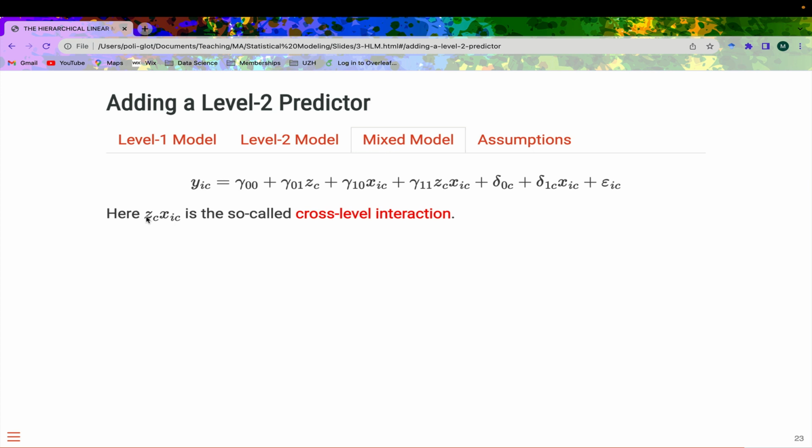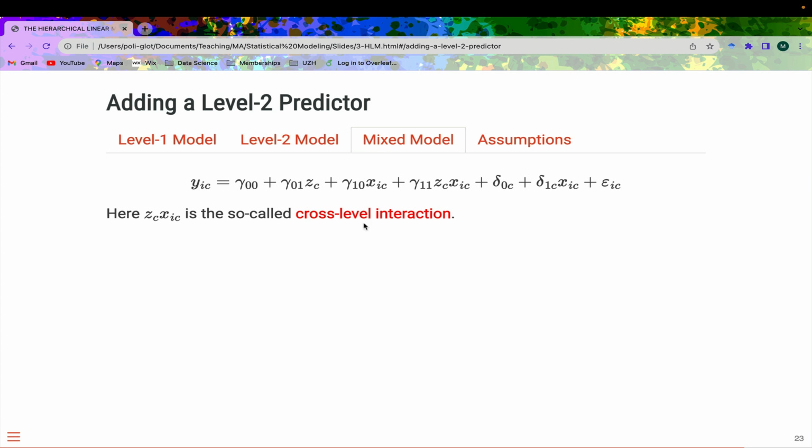These cross-level interactions add so much potential to these hierarchical linear models because now we really can start mixing explanations and start understanding how regression regimes may differ and why they differ across different countries.